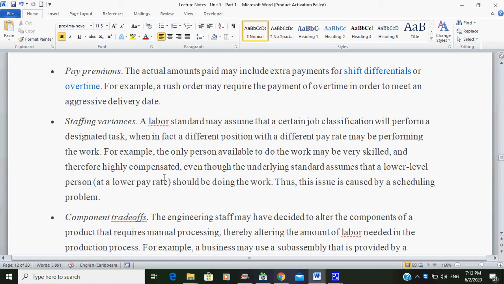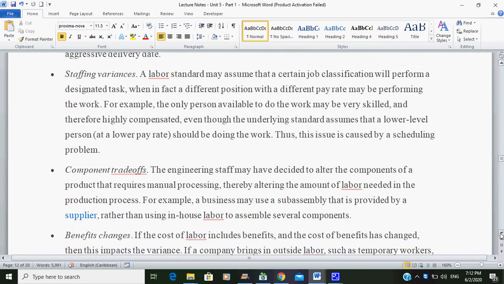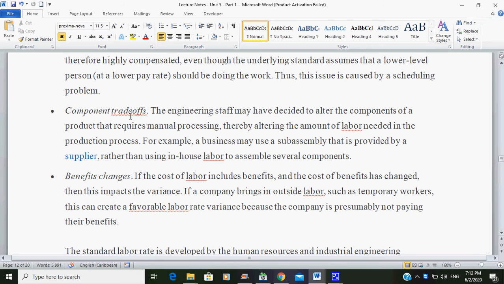Component trade-offs. Engineering staff may have decided to alter the components of a product that require manual labor, thereby altering the amount of labor needed in the production process. For example, a business may use a subassembly that is provided by a supplier rather than using in-house labor to assemble several components.